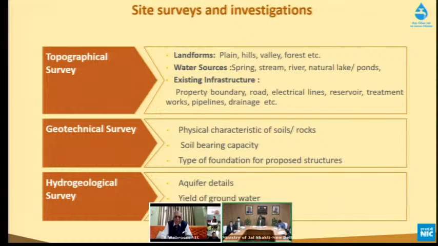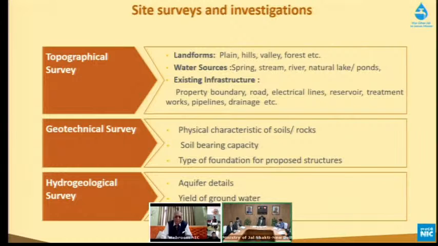The geotechnical survey is a parameter which gives us the optimum design when we are designing a structure. Like if I'm designing a pump house or a reservoir, what should be the optimum thickness of my reservoir wall, that parameter gives me.